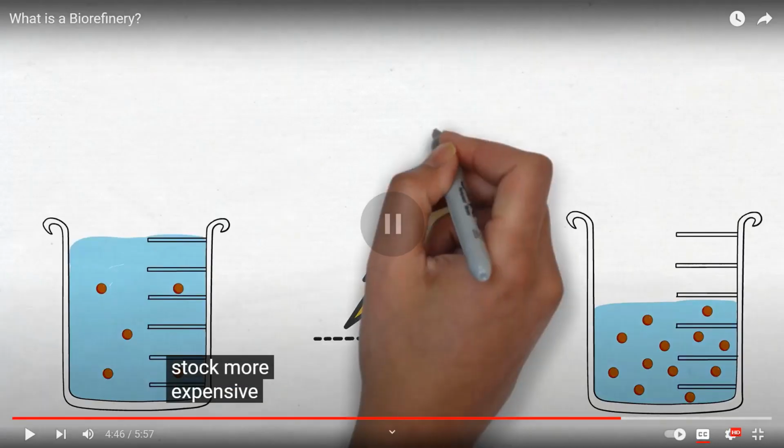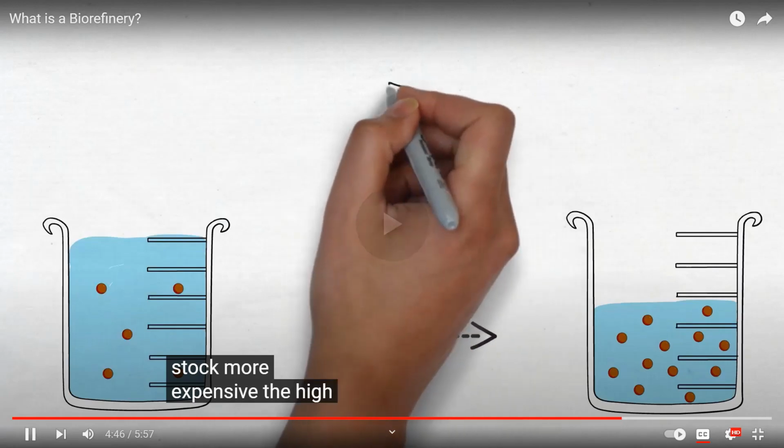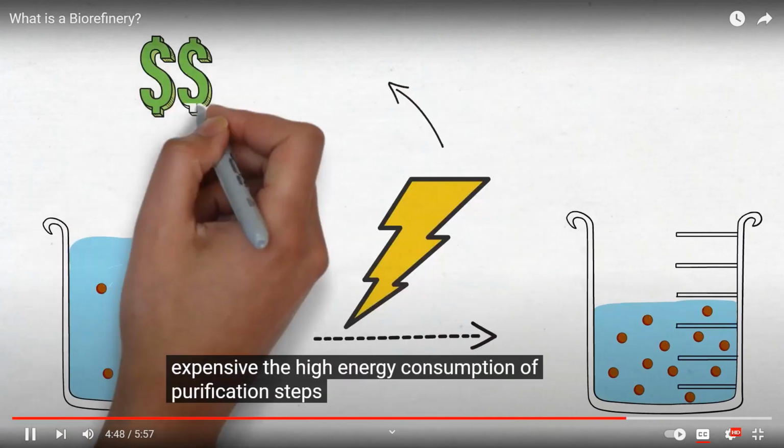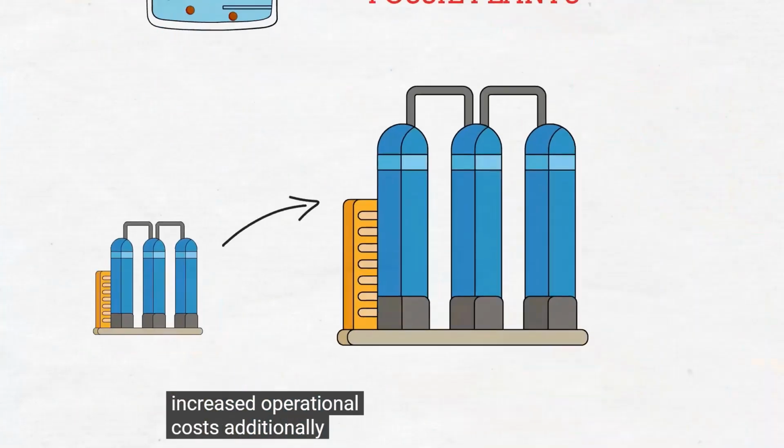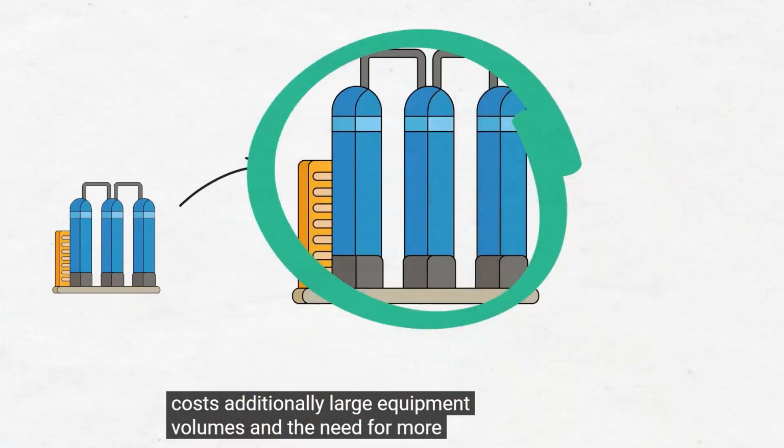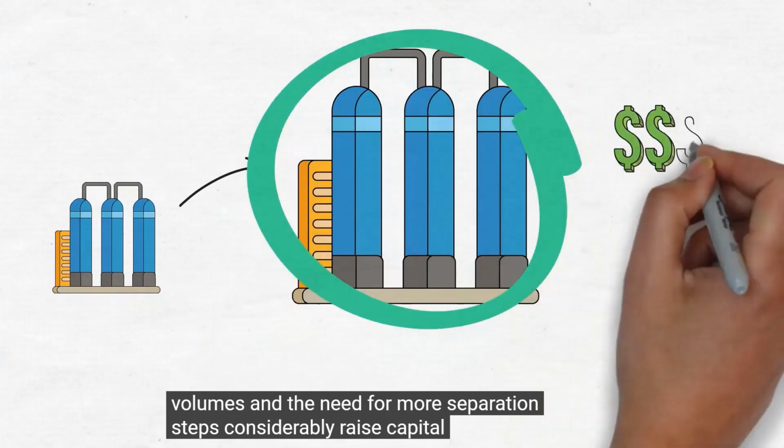The high energy consumption of purification steps also contributes to increased operational costs. Additionally, large equipment volumes and the need for more separation steps considerably raise capital expenditure in a biorefinery.